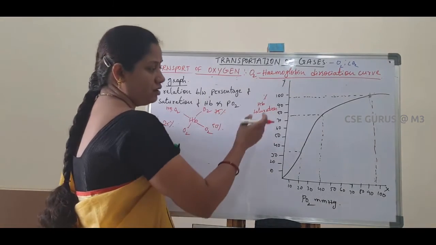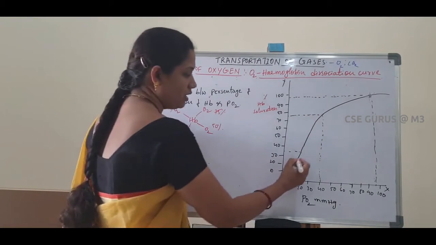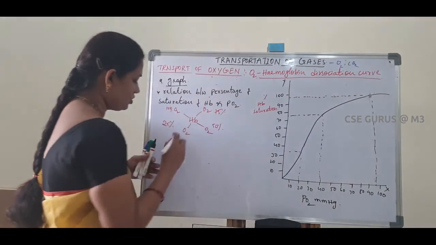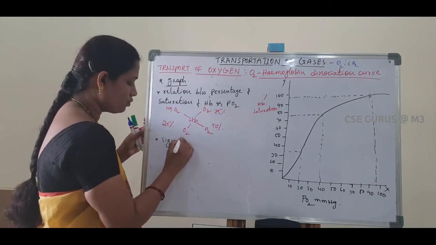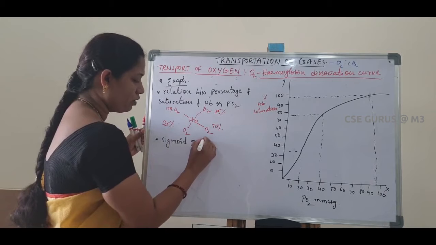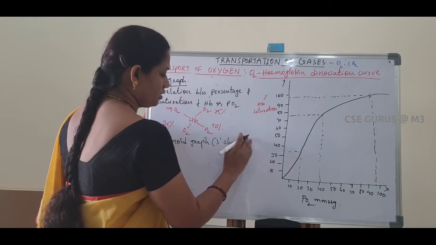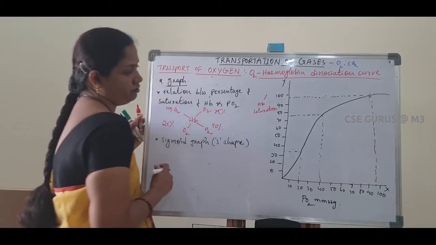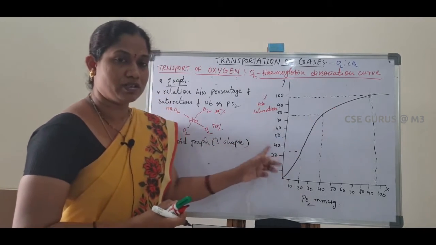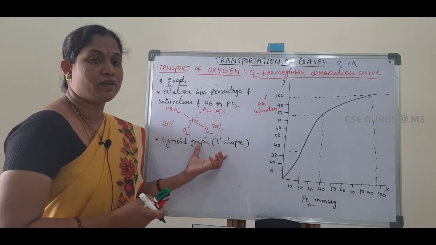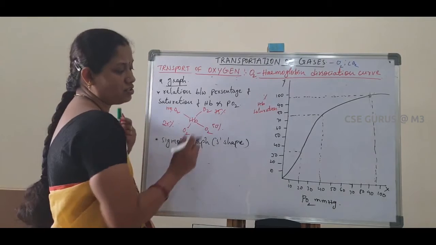From these values we get a sigmoid or S-shaped graph. So this graph explains the relation between partial pressure of oxygen and saturation capacity.